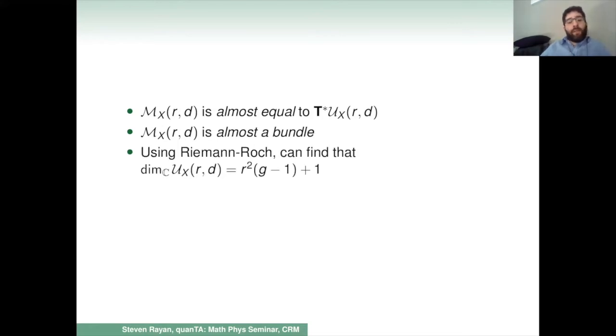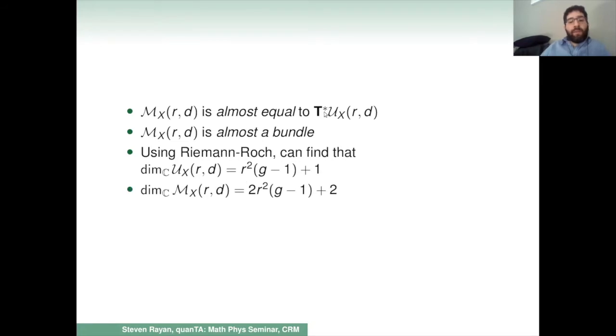Now, using Riemann-Roch and the information on the previous slide, we can work out that the dimension of the cotangent space, and so the dimension of the moduli space of bundles, is r squared times (g minus 1) plus 1, where g is the genus of the Riemann surface. And remember, r is the rank in our problem.